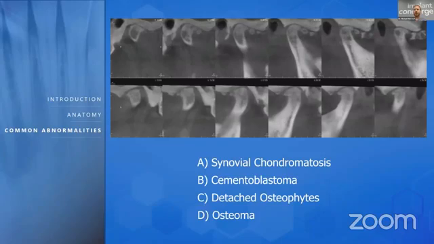Detached osteophyte: here, looking at the way that the bone is quite sclerotic, noting that there's some osteophyte formation, there's also subchondral cysts. Now we're looking at a degenerative process. So most likely this is detached osteophytes, but a potential differential would be your synovial chondromatosis.